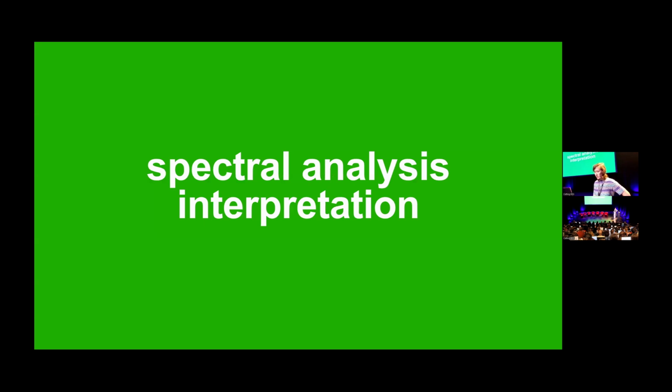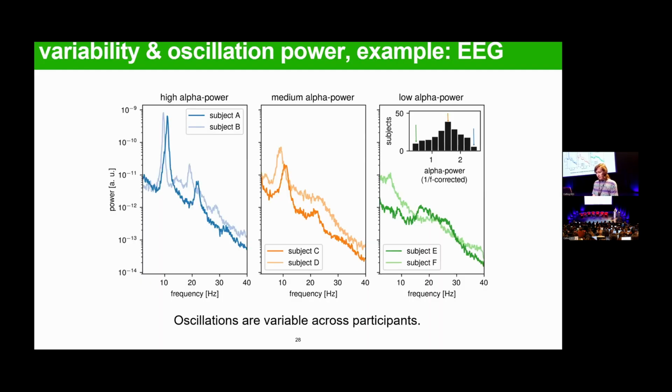So let's really dive in and check what we can get out of this for learning about the brain. If you compute spectra for different participants, say 200 participants, you will notice that the outcome is very variable. If you have heard about alpha oscillations, in some participants they are super pronounced, while in others they are completely absent.